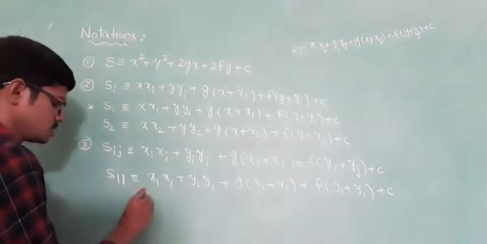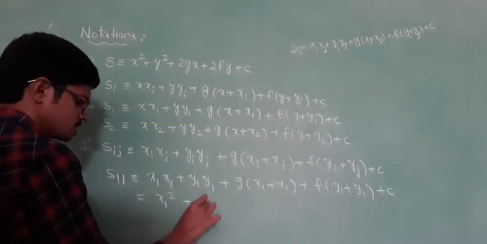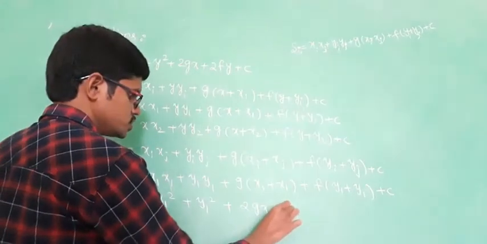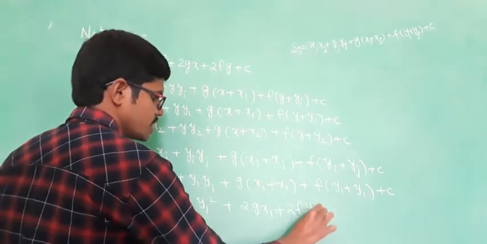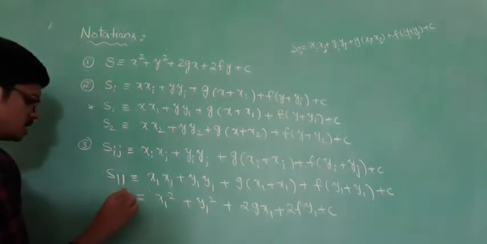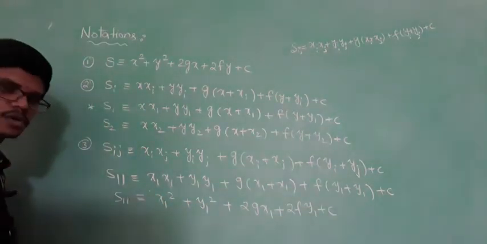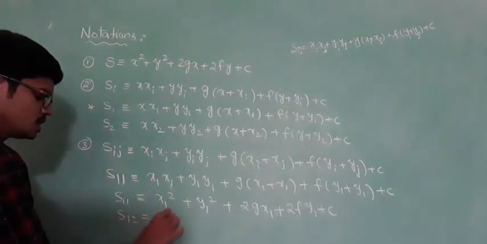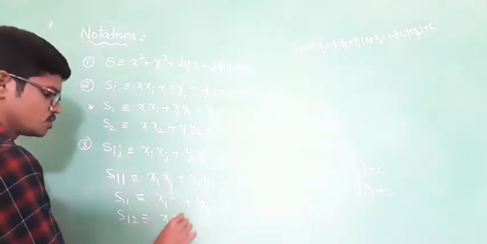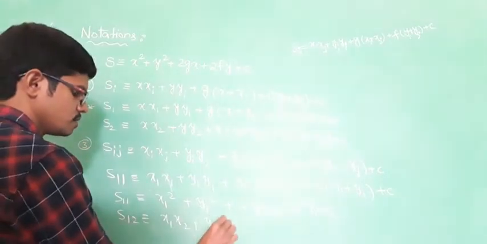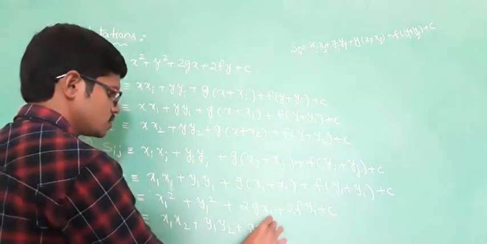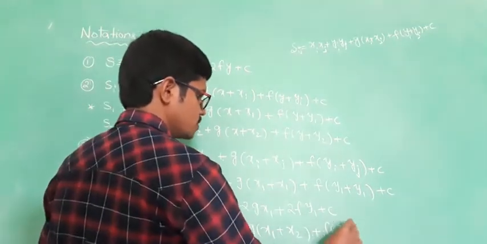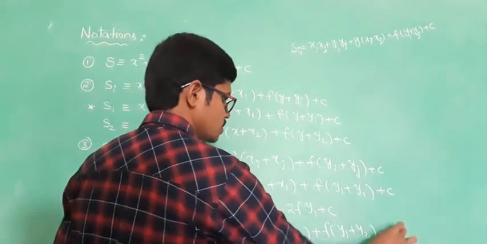So it becomes x1 square plus y1 square, and x1 plus x1 is 2x1, that means 2gx1, plus 2fy1 plus c. This is S11. So what about S12? S12 is x1 x2 plus y1 y2 plus g into x1 plus x2 plus f into y1 plus y2 plus c.